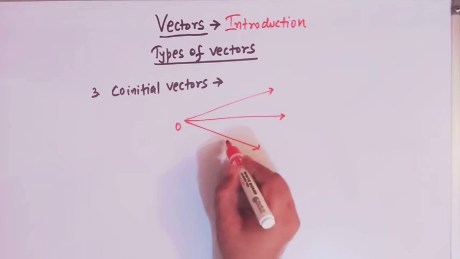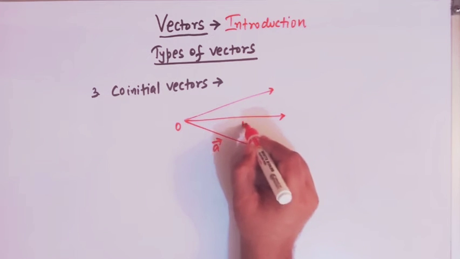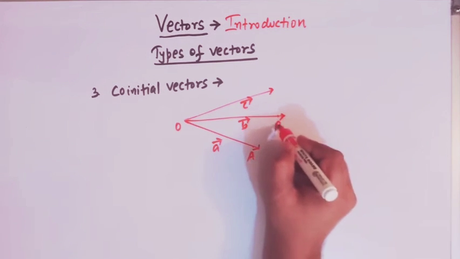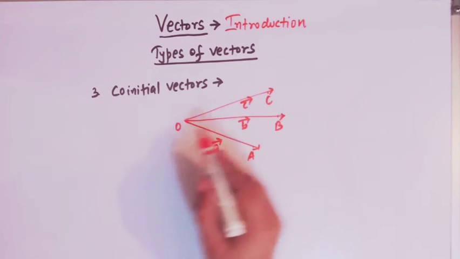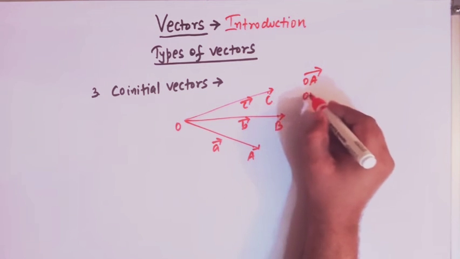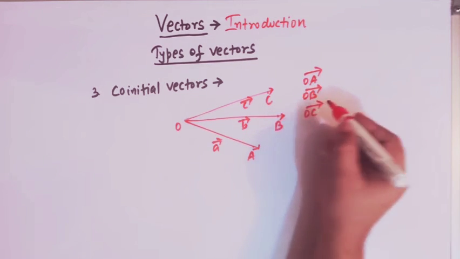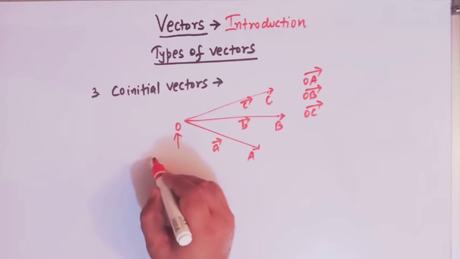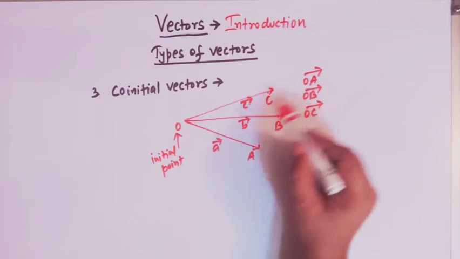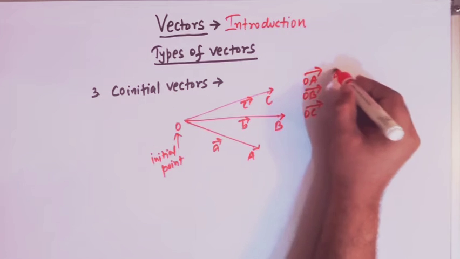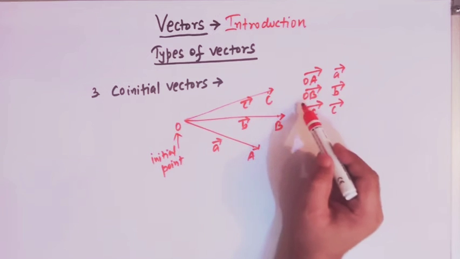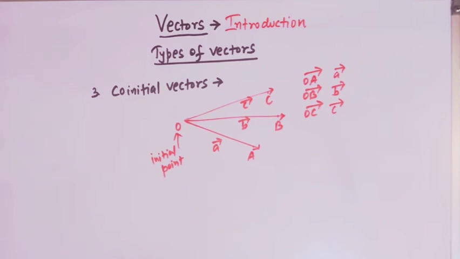Suppose this is O, this is vector A, this is vector B, and this is vector C. Now here we see that in all the vectors OA, OB, and OC, O is the common initial point, right? So the initial point of all these 3 vectors, that is vector A, vector B, and vector C, is the same. Hence these 3 vectors OA, OB, and OC are known as co-initial vectors.